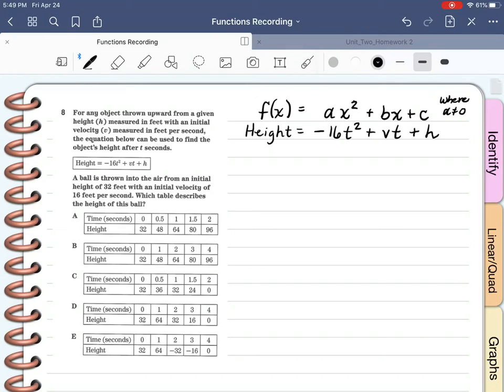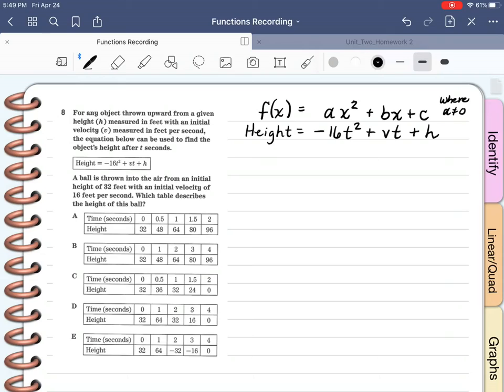So it kind of looks familiar, but then it doesn't look familiar. So let's keep reading. A ball is thrown into the air from an initial height of 32 feet with an initial velocity of 16 feet per second. Which table describes the height of this ball?